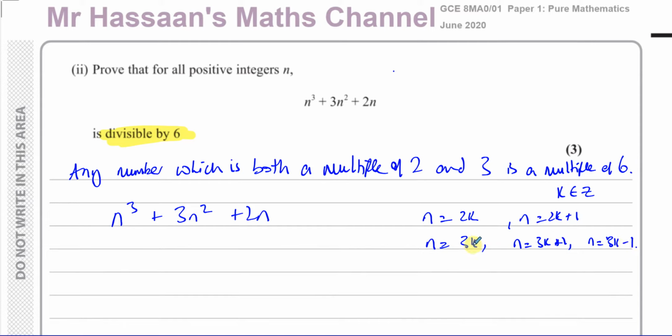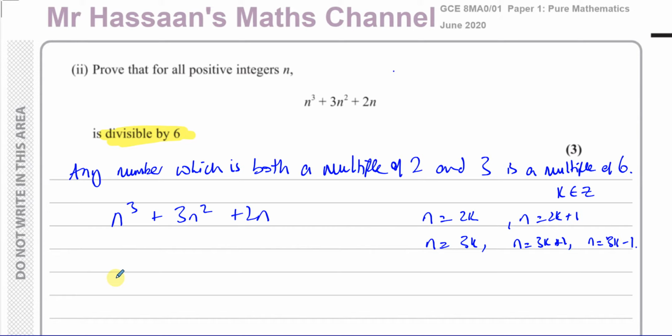Okay, when k is, for example, 3. So every number that exists will be able to be generated when you put in 3k, 3k plus 1, and 3k minus 1 for all different integer values of k. You will end up with all the numbers that exist. And when you substitute these into that expression, you should be able to show that the expression gives you 3 times something in every case.